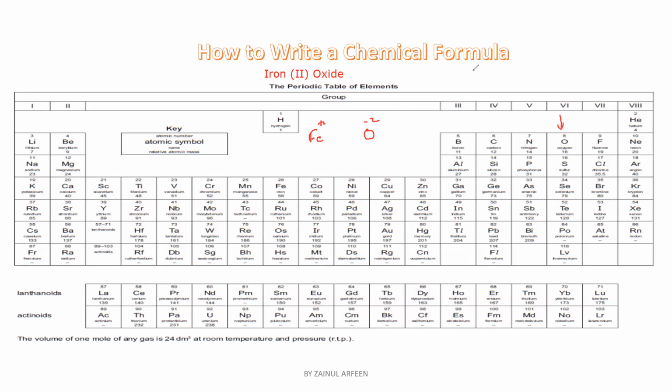Then 2 and 2 can be further simplified as 1 is to 1. So when we cross multiply, it will be FeO. Capital F, small e, because the symbol of iron is Fe. So the formula of iron 2 oxide is FeO.